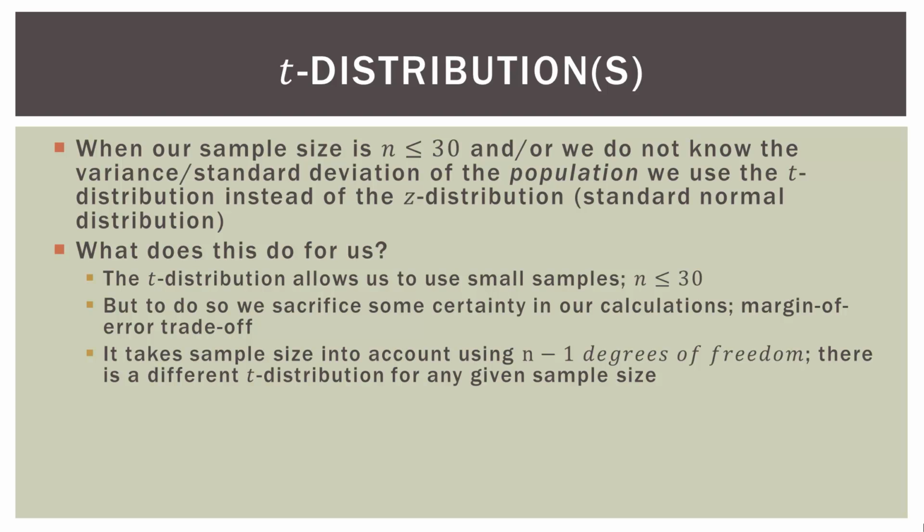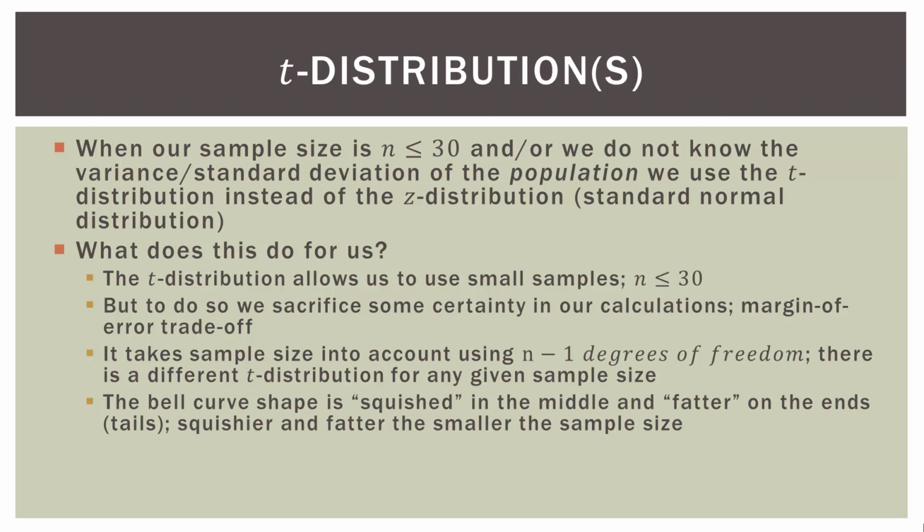But there isn't just one t-distribution. There are many t-distributions. In fact, there is a different t-distribution for every sample size. So it's dynamic, it allows us to use small samples, and it changes depending on our sample size, which is great. There'll be a t-distribution for a sample size of 15, a different t-distribution for a sample size of 23, and so forth.